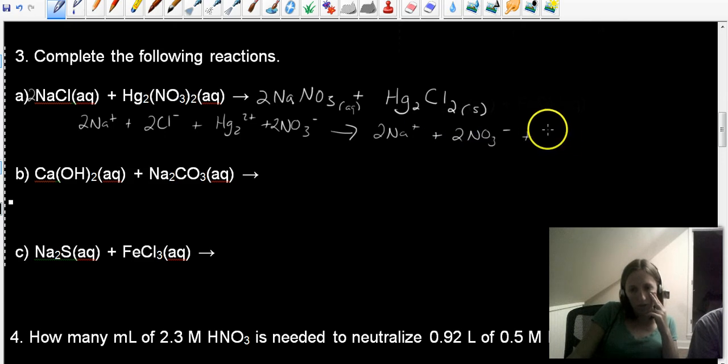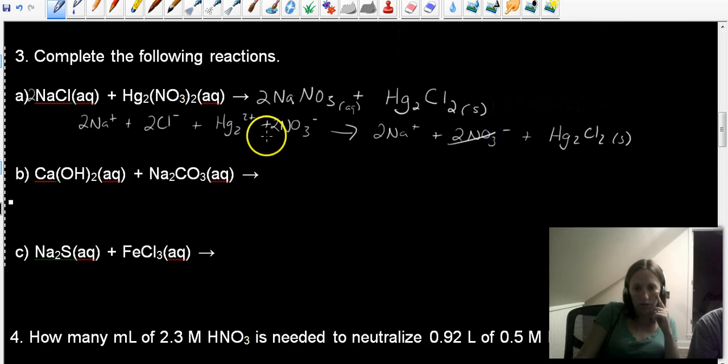And this one does not show up as broken into ions because it is a solid precipitate. So it goes together, and you cross out the ones that are the same. And so what's funny is, when you combine chloride and mercury, you get mercury chloride.